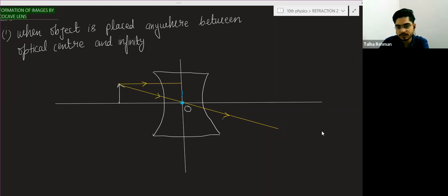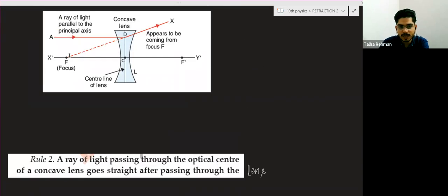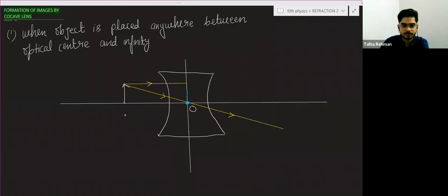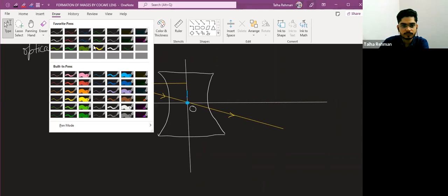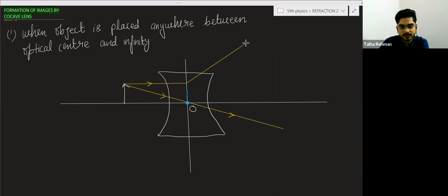So if a ray is parallel, what will happen? You can see here. If a ray is initially parallel, it will appear to come from the focus after refraction. So the ray is coming like this, and from here the refraction will take place.